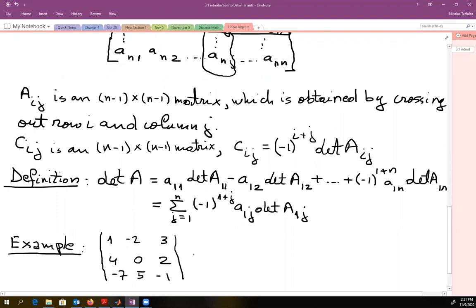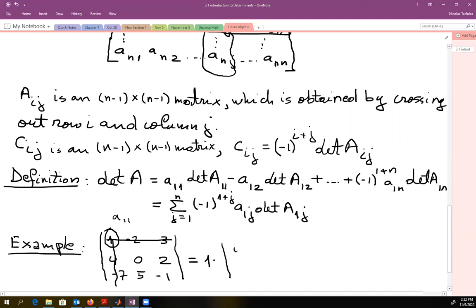It's a three-dimensional determinant. Okay, so according to the above formula, this is A11. A11 is this. This is A11 in our case. So this is 1 multiplied by the determinant obtained by crossing out the first row and the first column.